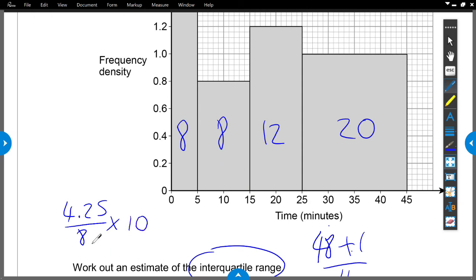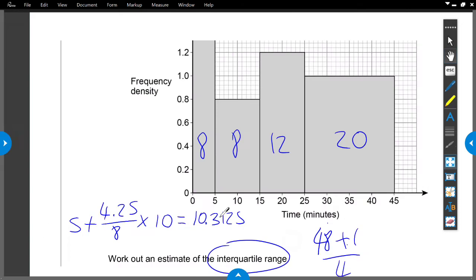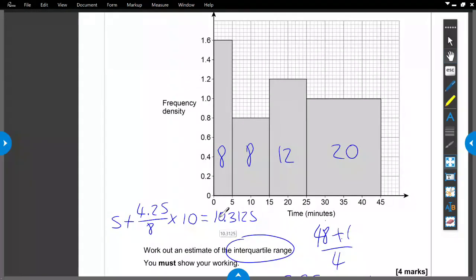That's going to give us how far along we are, and we want to add that onto 5, because we're starting at 5, and we get our lower quartile as 10.3125. Probably don't need to be that precise because we're only doing an estimate, but for the purposes of a calculation, I'm going to do it exact.